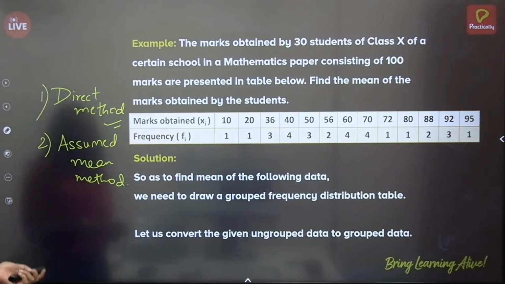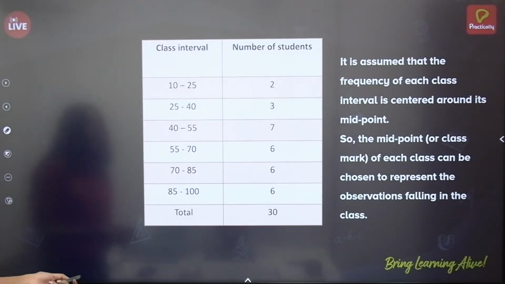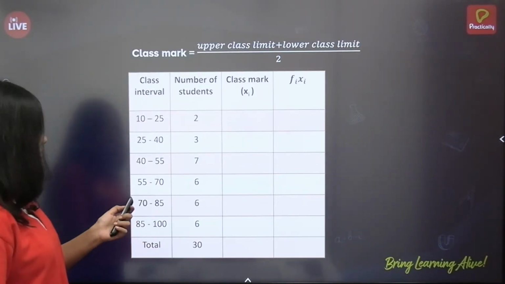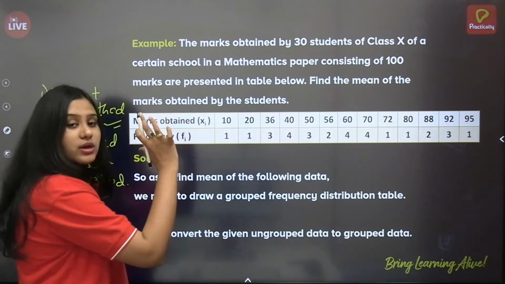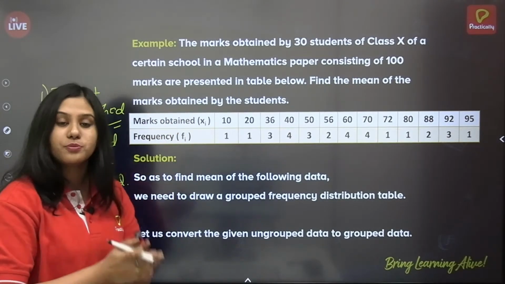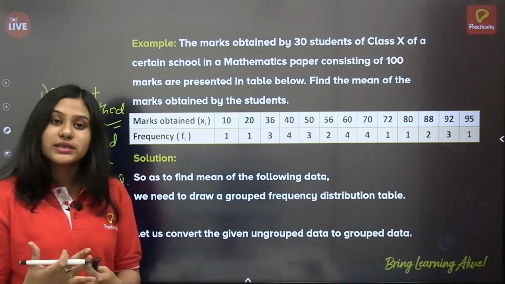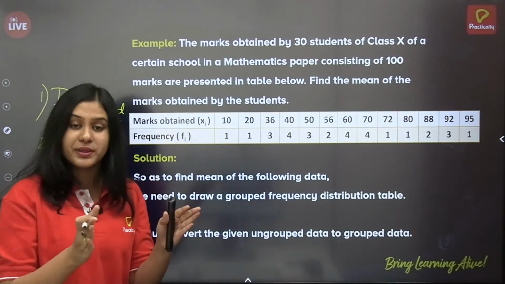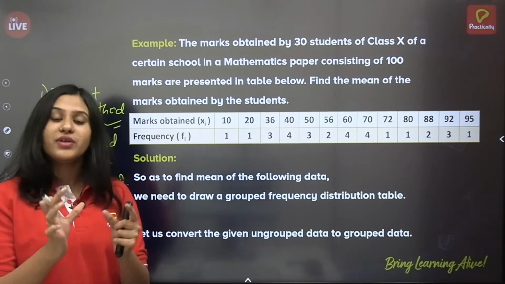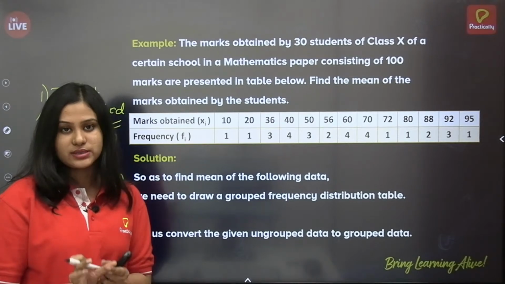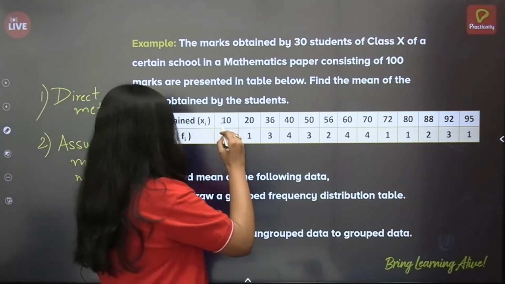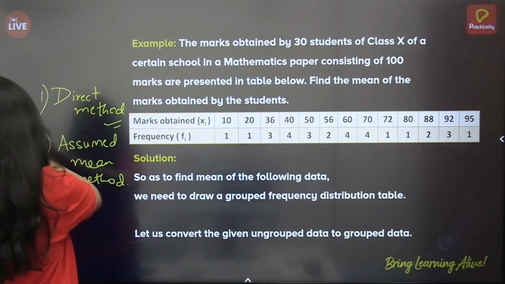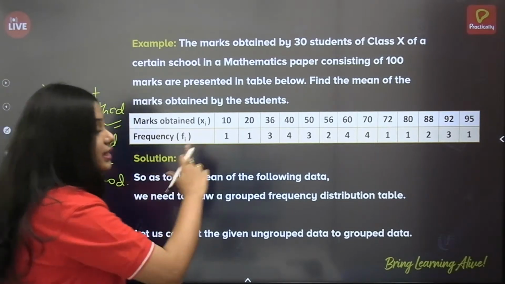Alright, let us start. Now this is the actual raw data, that is ungrouped data. What is the next step we have to do? We have to group them. How do we group them? We will be using class intervals. Now we have data from 10 till 95.